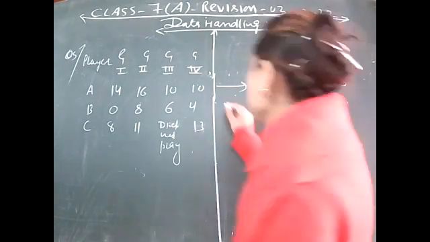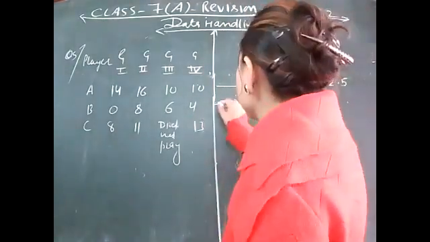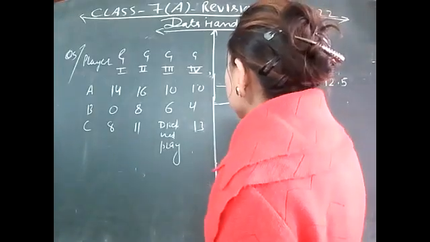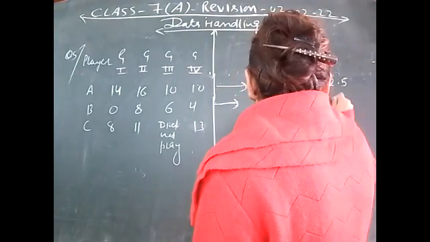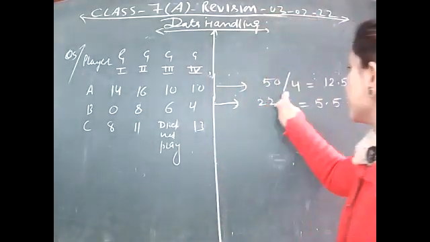What is B's average? 22 upon 4. That is 5.5.